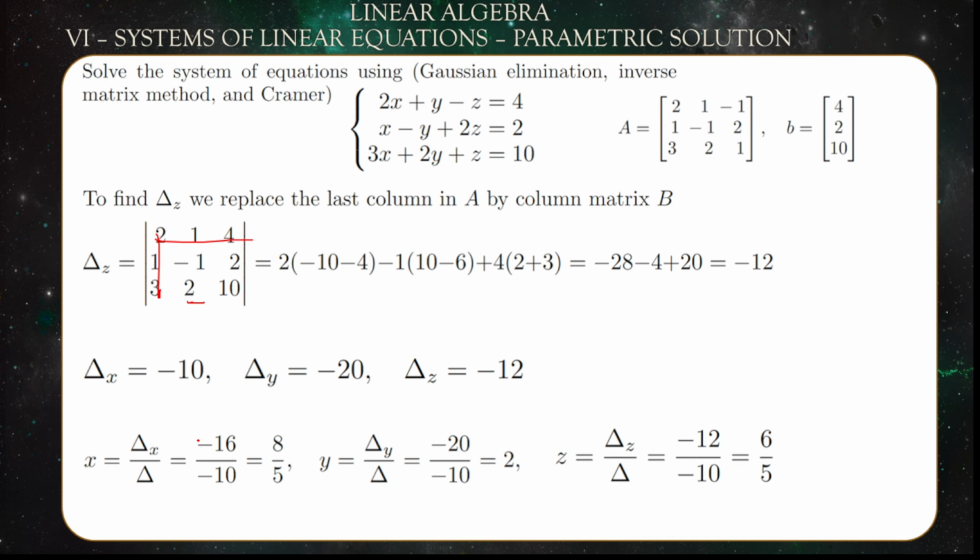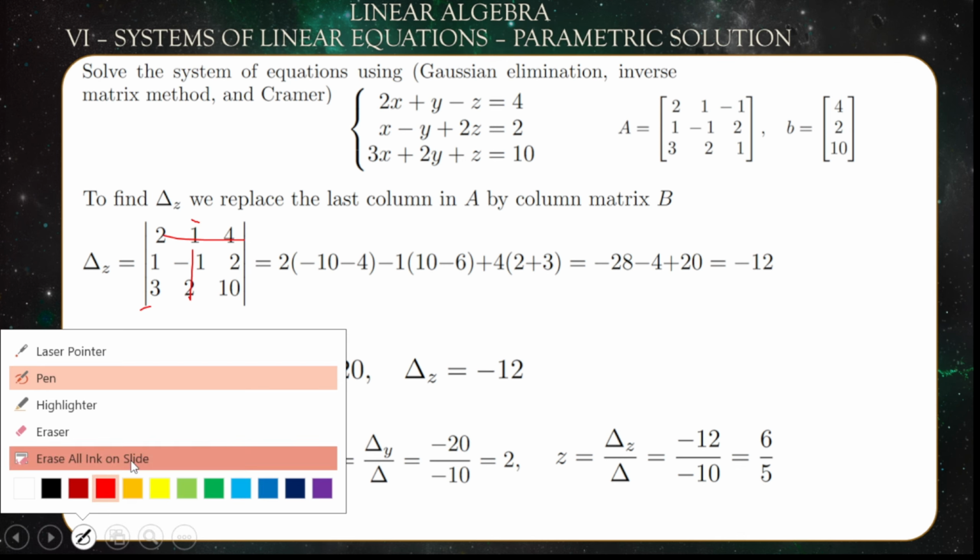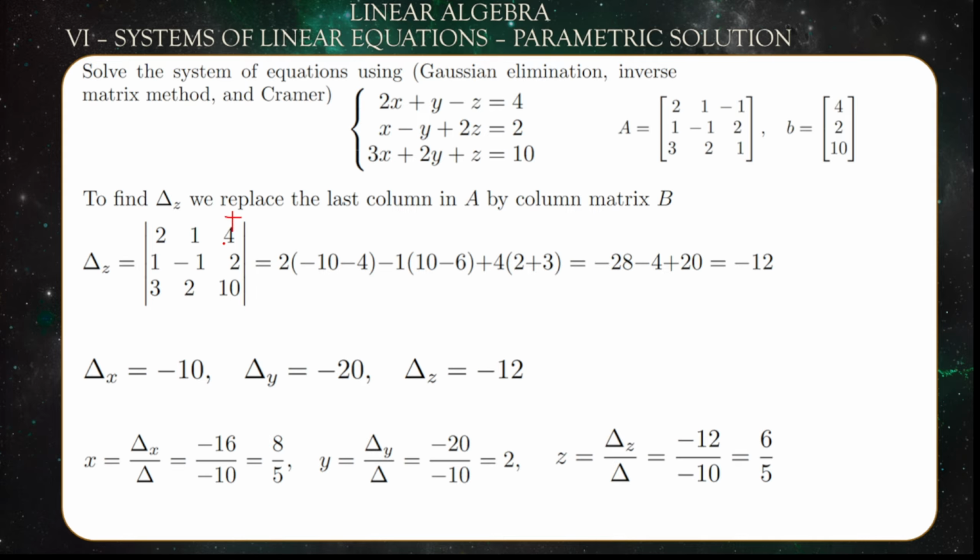Then minus 1 multiplied by 10 minus 6, then plus 4 multiplied by 2 minus 3 minus 1, which is plus 3, equal minus 28 minus 4 plus 20, equal minus 12. So delta x is equal to minus 16, delta y minus 20, delta z minus 12, and delta, we know that it is minus 10, the first value that we've got.